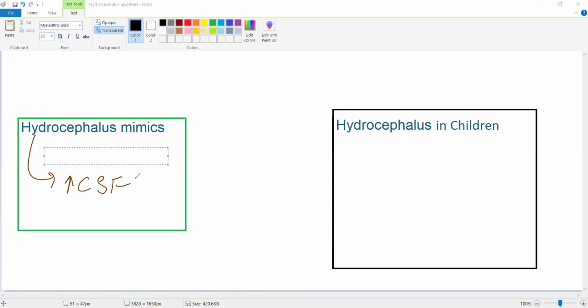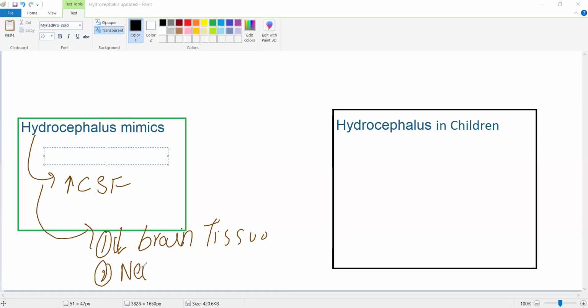It is actually due to decreased brain tissue and neuronal atrophy. So it is due to the decreased brain tissue and neuronal atrophy, right?